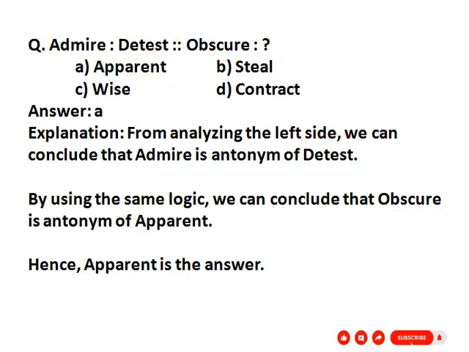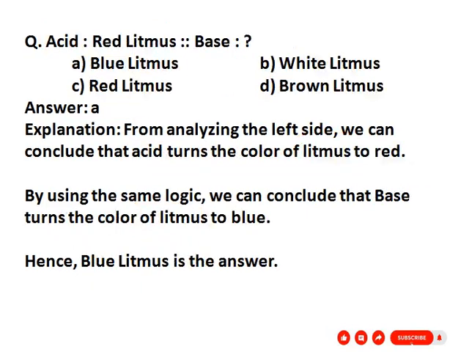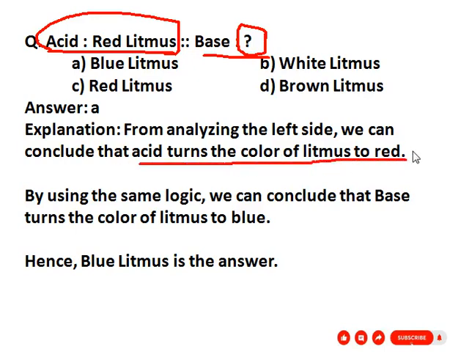Our next question is: acid : red litmus :: base : ? What is the relation between acid and red litmus? See here, acid turns the color of litmus to red.